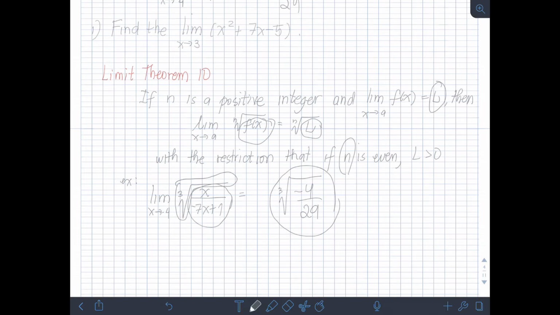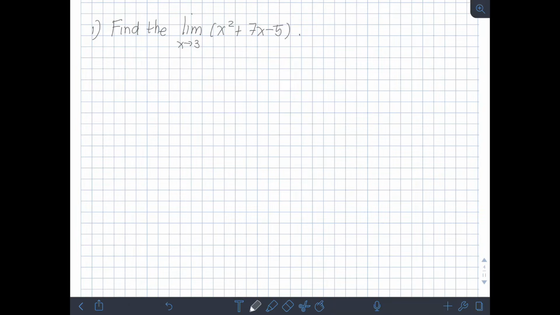Okay? So, para ma-illustrate natin yung different theorems and limits ay mag-solve tayo ng examples. So, 1, we have, find the limit of x squared plus 7x minus 5 as x approaches 3. Okay, so, pwede natin i-apply dito yung limit theorem 4, which is yung generalization ng limit theorem 3, which is yung limit of sum and difference of functions.